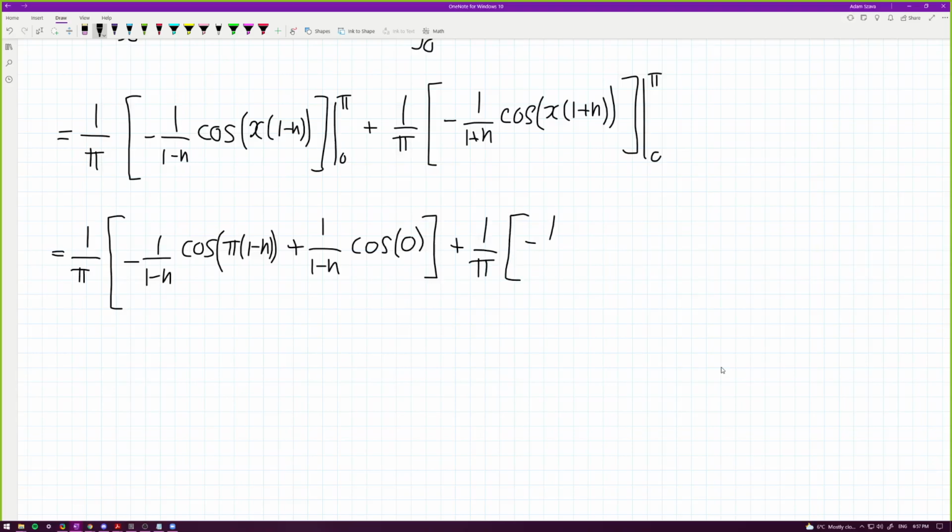It's going to be negative 1 over 1 plus n, cosine of pi(1 plus n), okay? Plus 1 over 1 plus n, cosine of 0. And so these will just leave because they're 1.